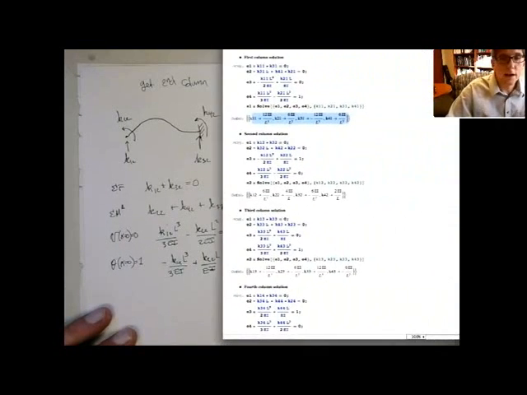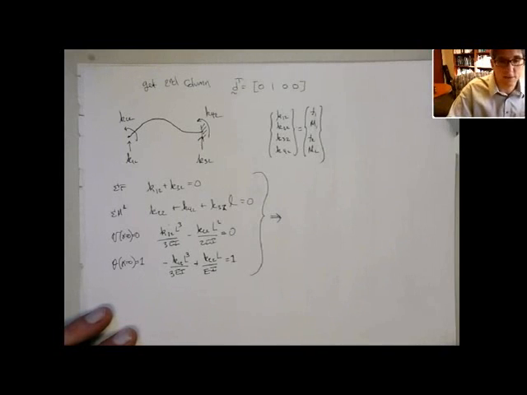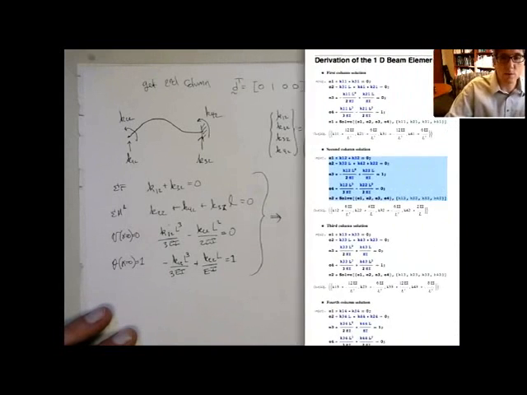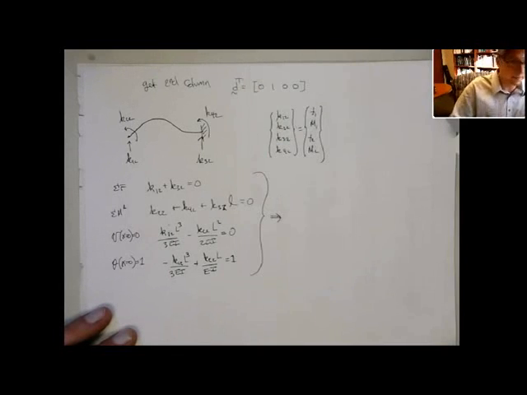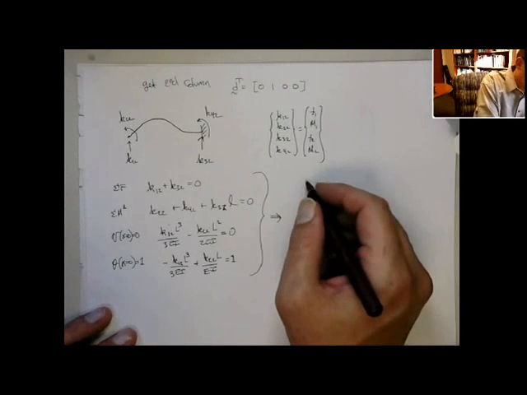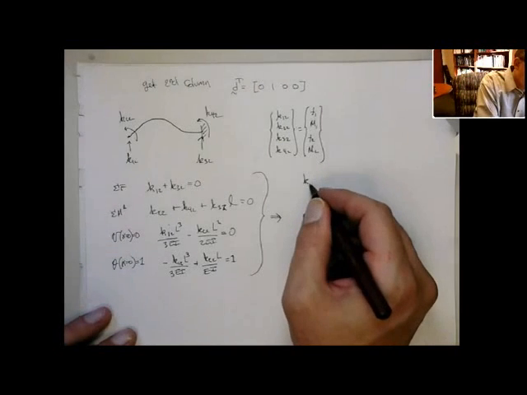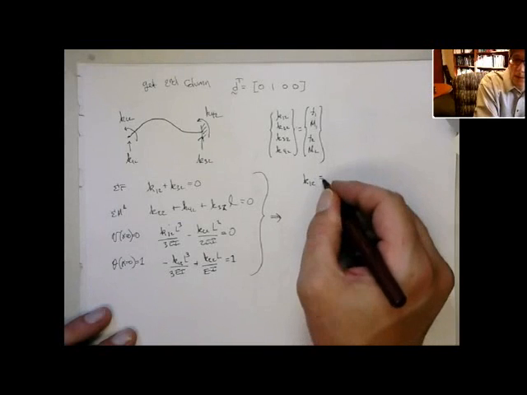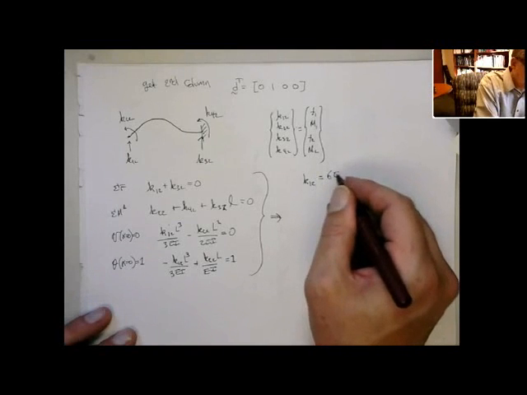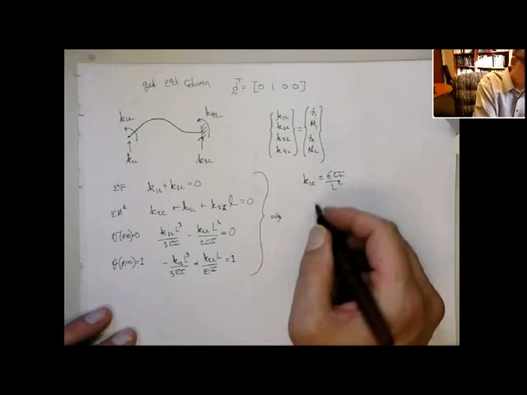And again, I do that in Mathematica. Here are the 4 equations. We just solve them so I don't screw up the algebra and make everyone go to sleep more than they are because of this. It's kind of a long derivation. And so that gives us, just rewriting what I get here, K1,2 is equal to 6EI over L squared.